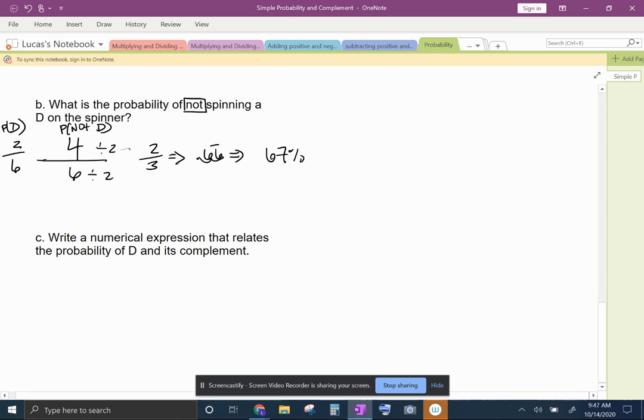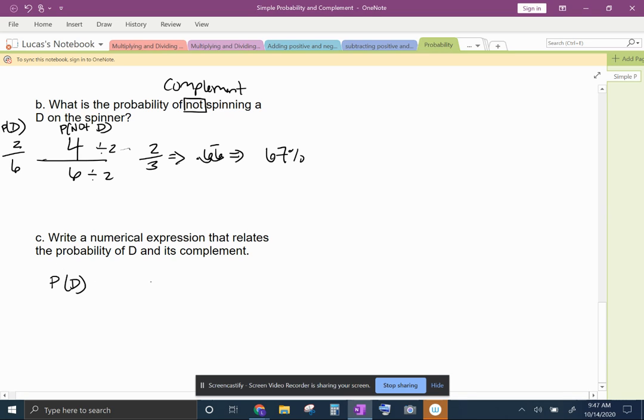Okay, and then it says write a numerical expression that relates the probability of D and its complement. Well, this is called its complement. Complement, it's the opposite of the first one.